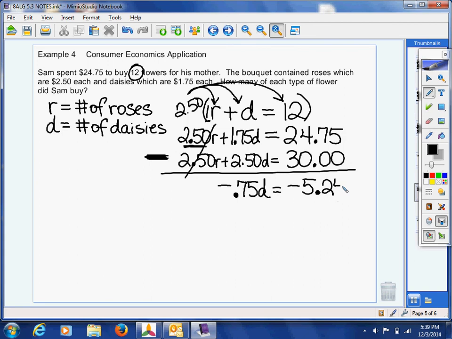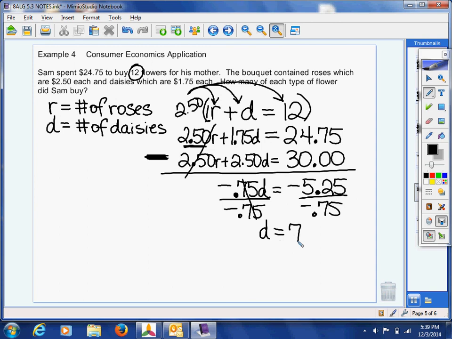Both numbers are negative. The negatives are going to cancel out, so I'm not really that concerned. So now let's divide each side by negative 0.75. And I got D is 7. So apparently he bought 7 daisies for his mom.